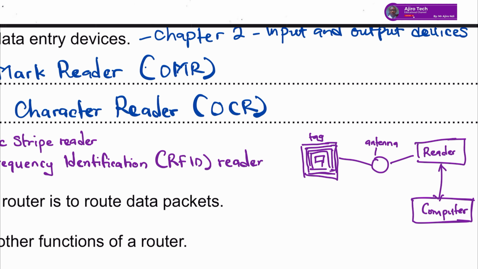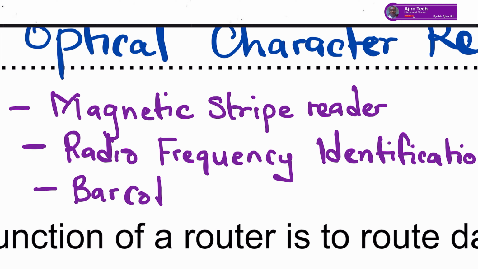The next one is the barcode reader. When it comes to the barcode, they read information in the form of a barcode. That simply means that there is a scanner that reads that information.